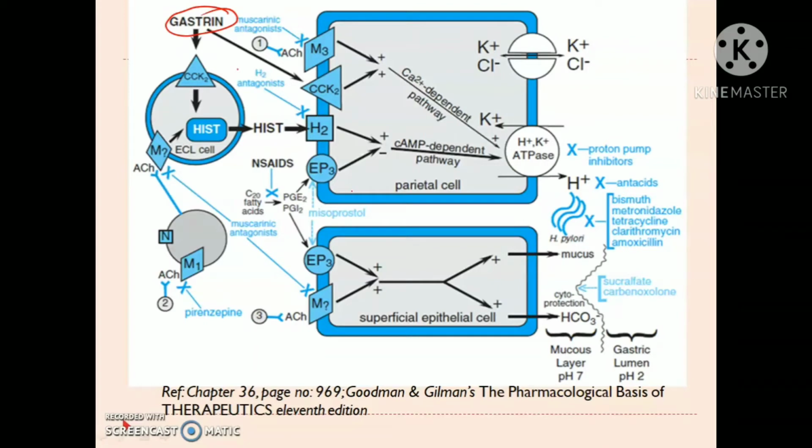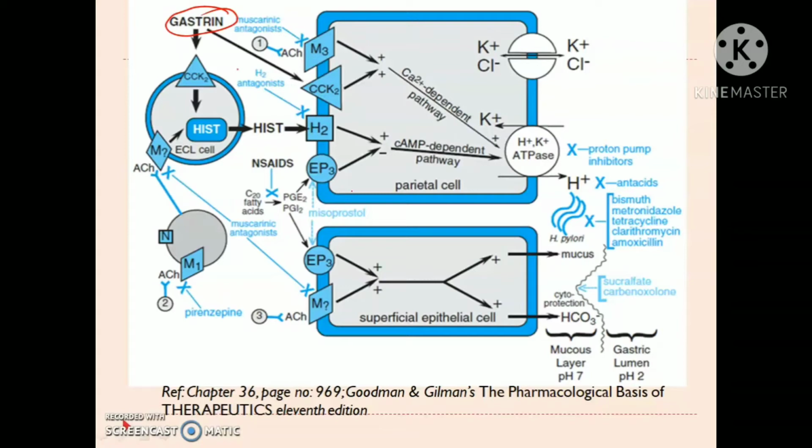The acid is formed in the parietal cells, and it is secreted out from these cells against the concentration gradient. It is an active process, and that pumping is done by a pump known as the proton pump, or H plus K plus ATPase pump. That is, the secretion or pumping of acid requires energy, so it is connected with the ATPase.